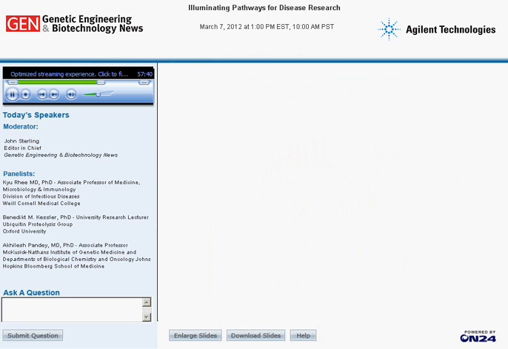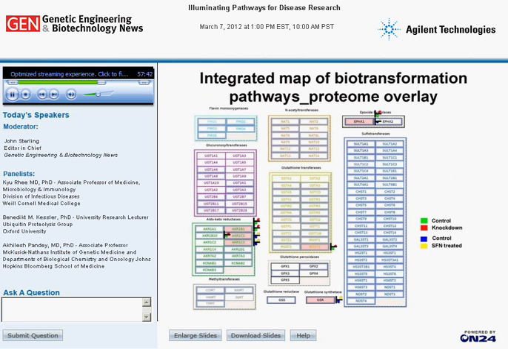Next slide. This slide now shows a different view of the same pathway. Here, instead of overlaying the transcriptomic data onto the pathway, we are overlaying the proteomic data from the KEAP1 knockdown and the sulforaphane treated experiment. Next slide.